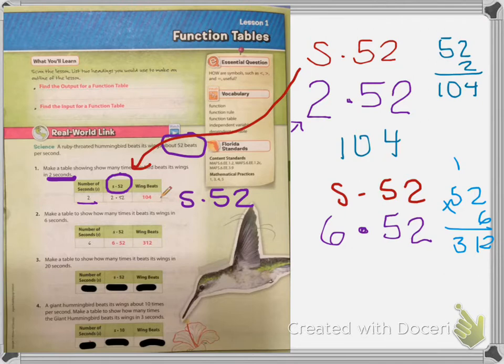So as you can see, you want to do the work. The multiplication should be out to the side, and then this S times 52 or 6 times 52, so this right here, whoops, this piece right here should go in right here, okay? And then your final answer here will go in over here. So let's go ahead and go on to a new page so we can do the last 2.